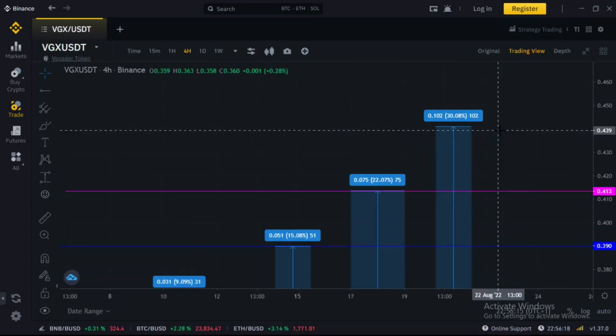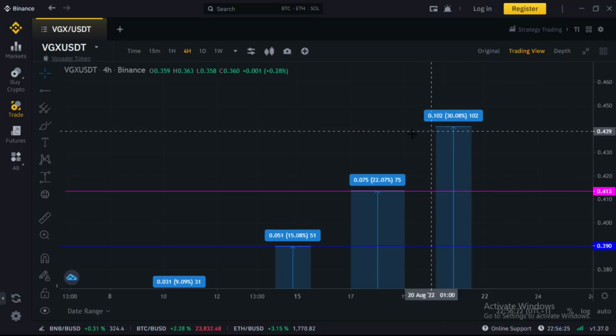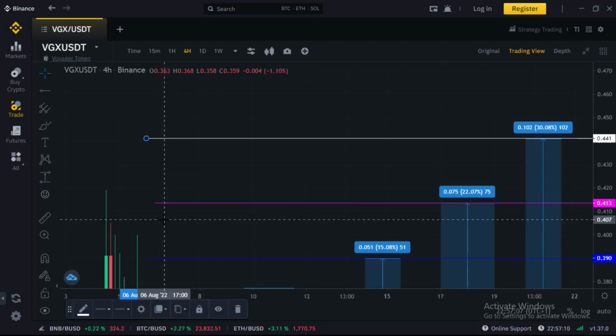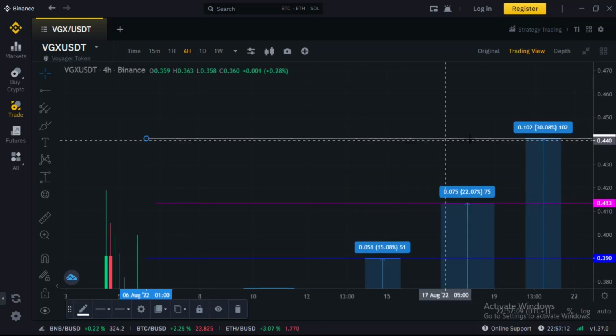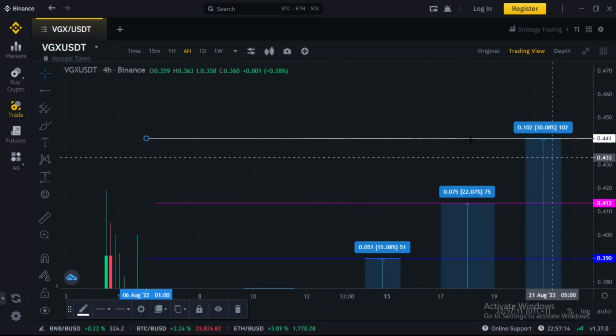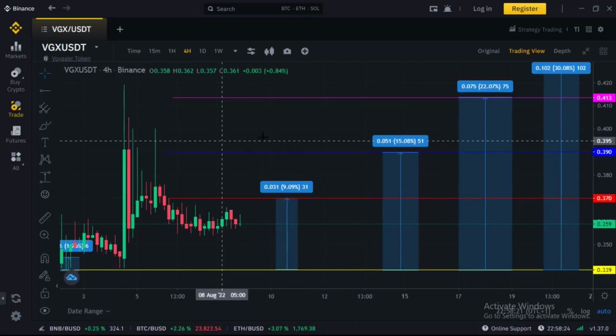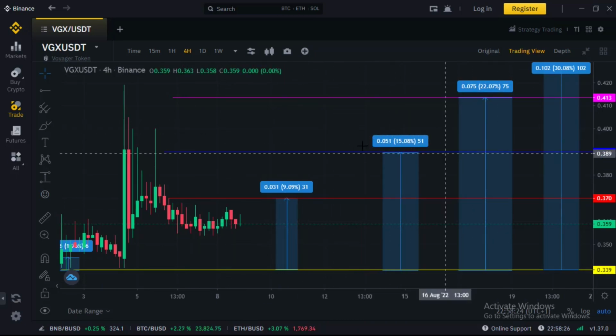And finally, for you to get your take profit price at a 2-to-1 profit loss ratio, you have to measure 30%, starting from the lowest price of the green candlestick bullish trend starter. And then use the white horizontal line to indicate your take profit price, which is 0.441 cent.